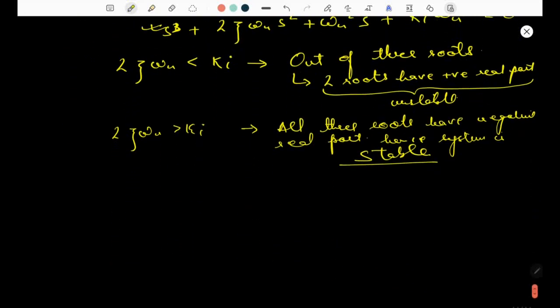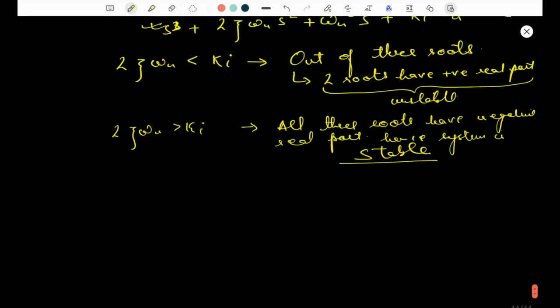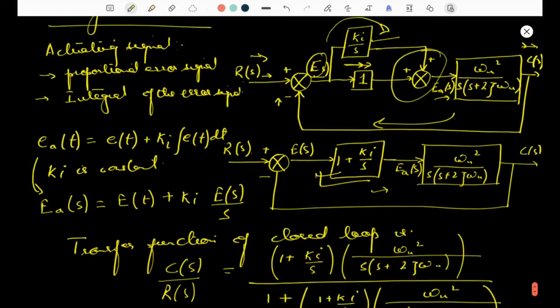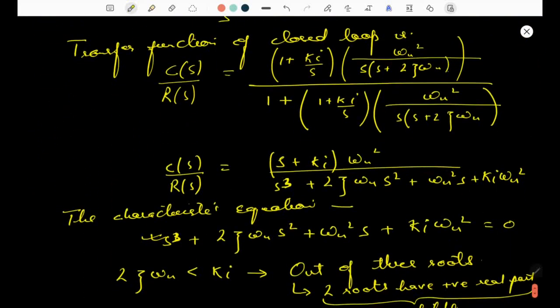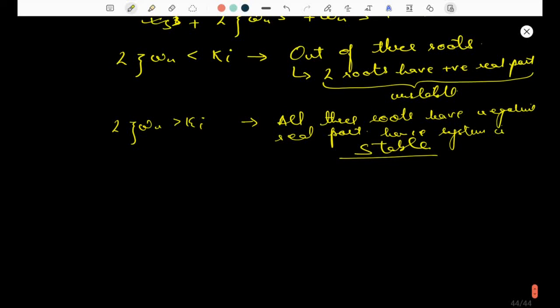So let's move forward. If we consider the block diagram shown above, we have two paths over here, the forward path and the feedback path. First of all, we are going to write separately the transfer function of the forward path and the transfer function of the feedback path.